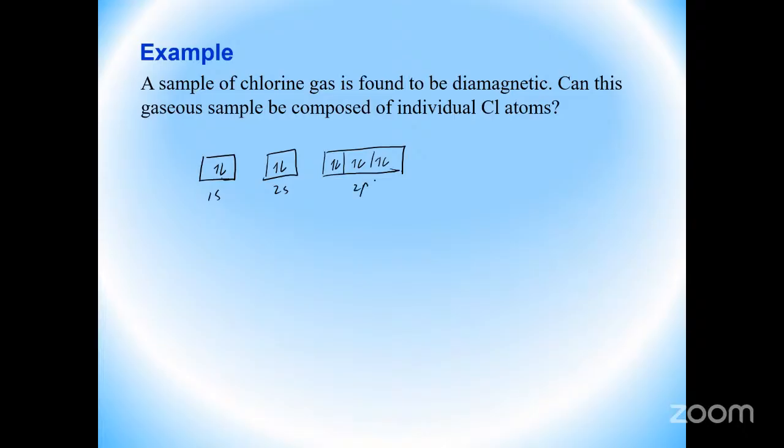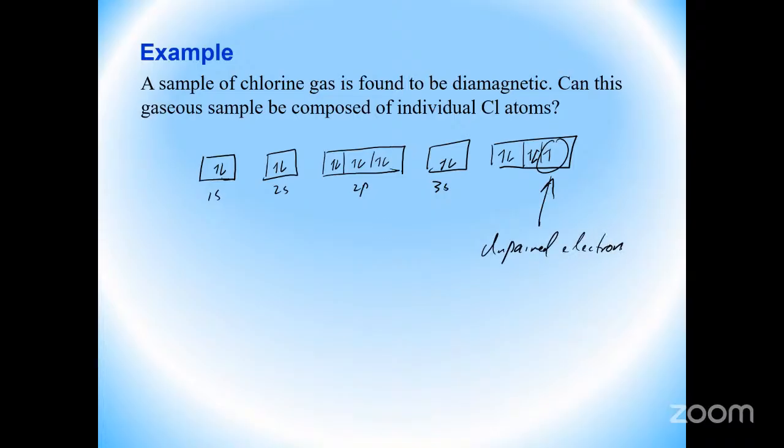So these are your 2p's, and then you have your 3s with 2 electrons, and then you have your 3p's, which will have 5 electrons distributed among the 3 p orbitals. And as a result of that, look here, we have an unpaired electron. So if it's unpaired, that means that the chlorine atom would be paramagnetic.